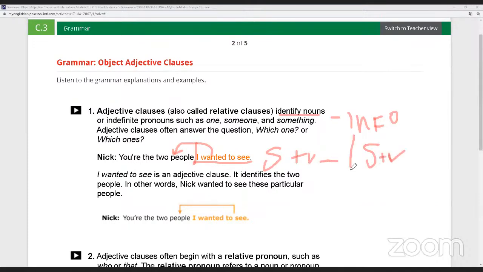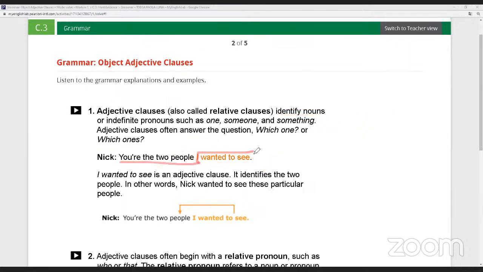So from that I know that I have to separate the two sentences. That's the reason why I separate this sentence. I have the subject, I have the verb. Okay, now I have another subject and then I have another verb, right?